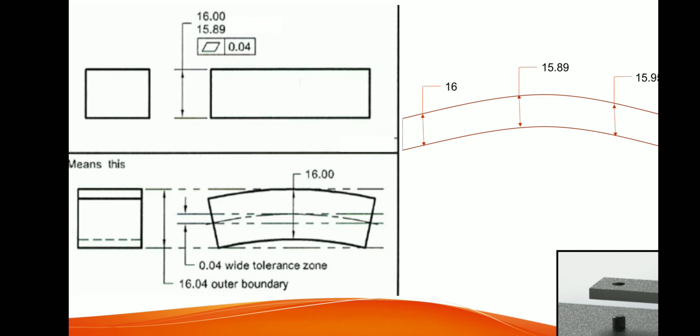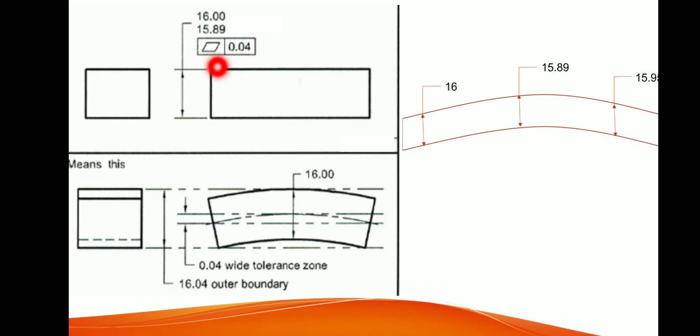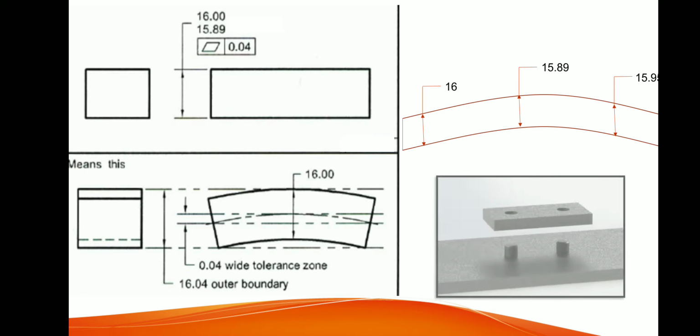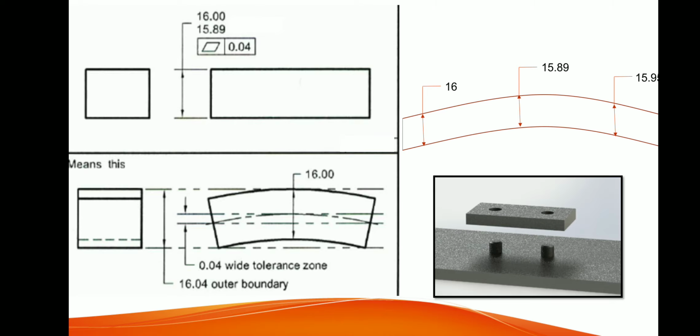So I have given this flatness tolerance. I will accept the part if it is within the outer boundary of 16.04. So if the part is within the envelope of 16.04 and within the size limit of 16 and 15.89, then this part will assemble at its assembly condition.